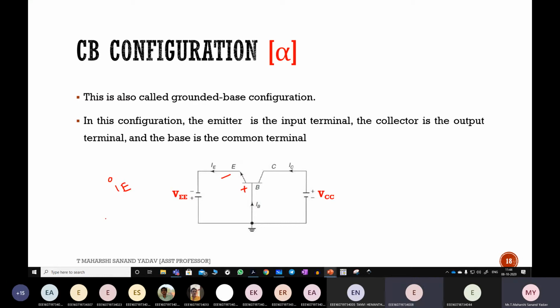Check the polarity. VBE. Okay, next, about output, because these notations are very important. Output current is IC. Voltage? VCC or VCB? VCB. Right.